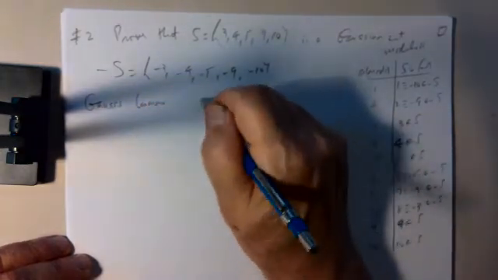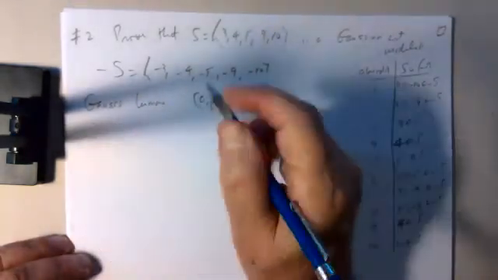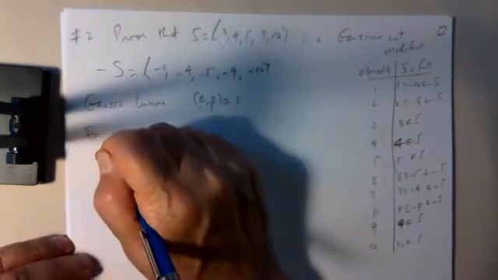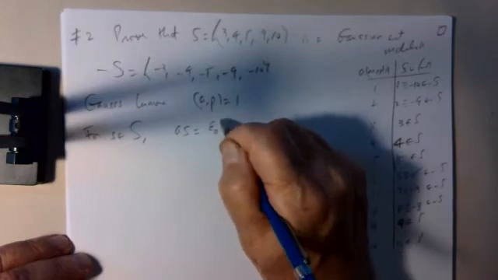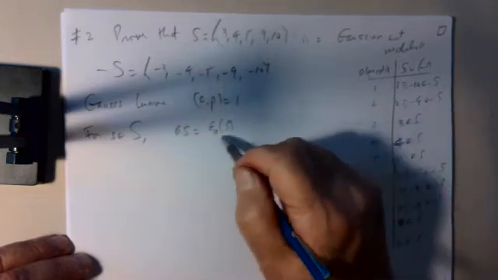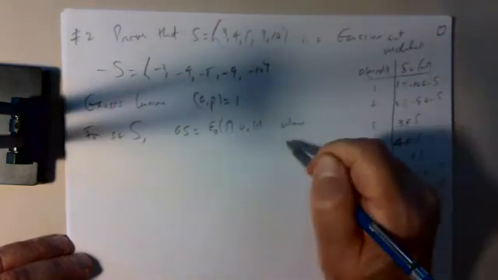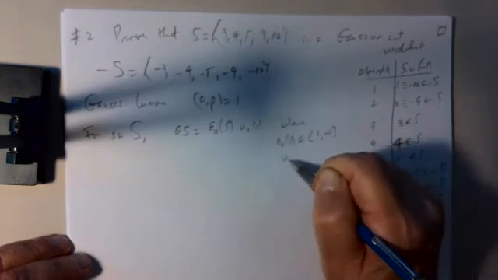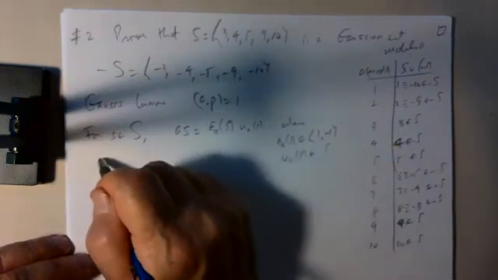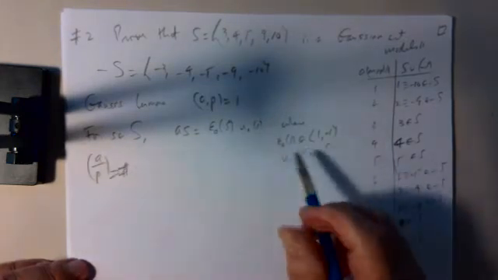is the following. If you have an integer a relatively prime to p, for every s in the set capital S, a times s is going to be plus or minus some element of S. So you can write it as epsilon sub a of s times u sub a of s, where this epsilon sub a of s is plus 1 or minus 1, and u sub a of s is in S, and the Legendre symbol a over p is equal to the number of minus 1s.